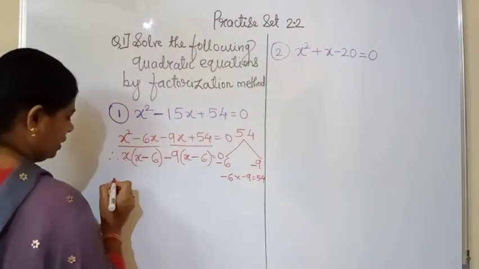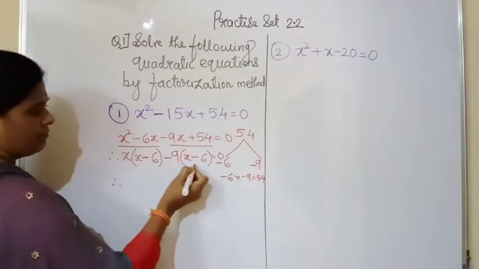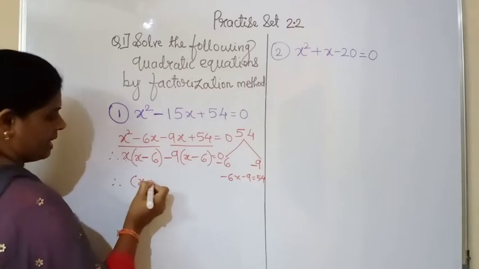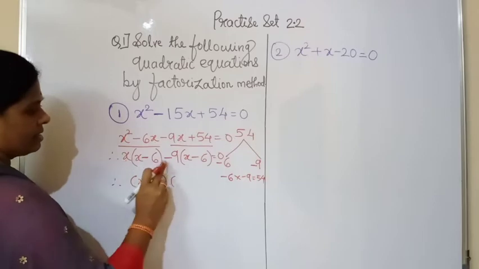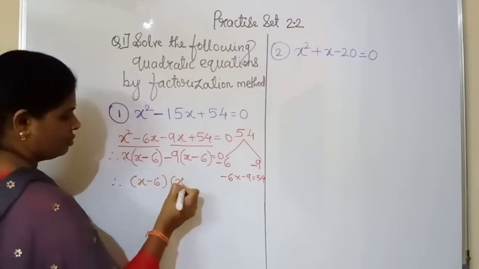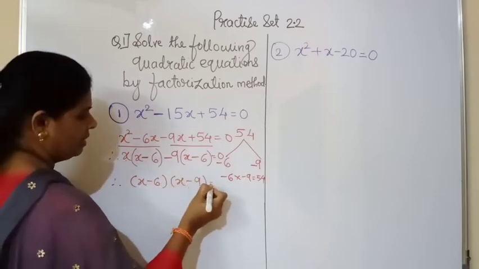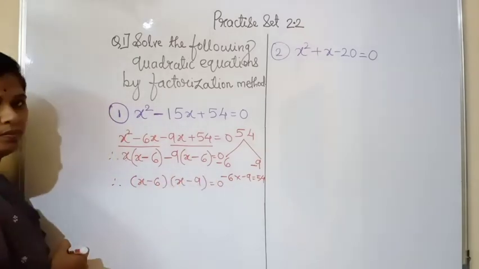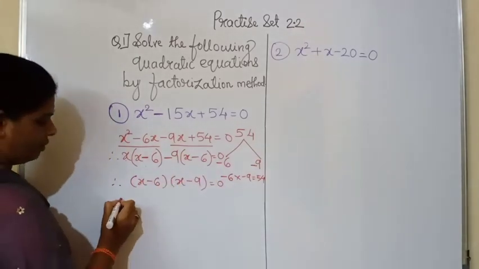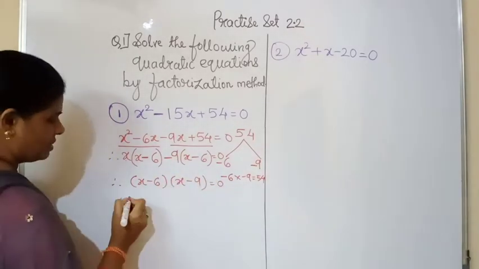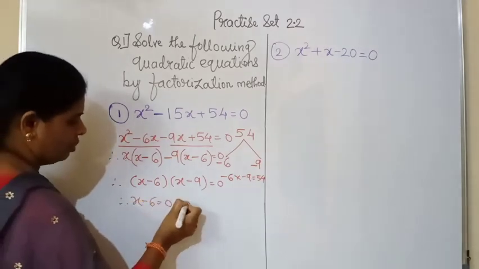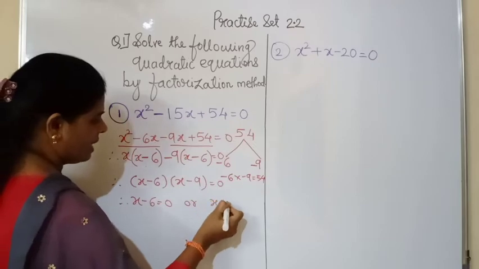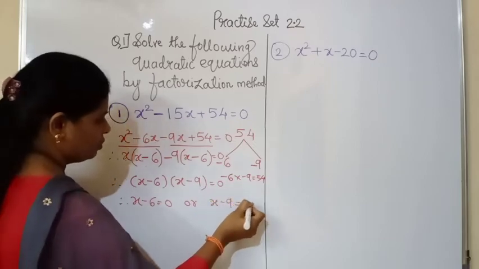What are our factors now? Our first factor is x minus 6. Okay, second factor now, x and this minus 9. So x minus 9 is equal to 0. Okay, so at the end what will you get? You have to make two parts now: x minus 6 equal to 0 or x minus 9 equal to 0.